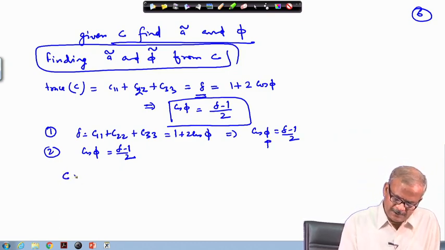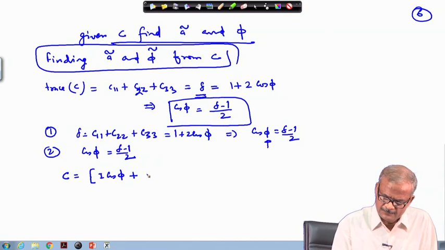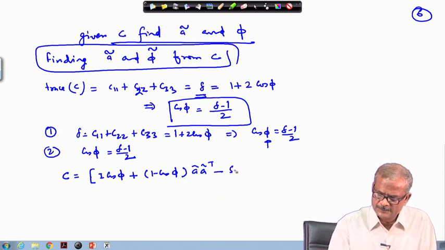So, we have this C matrix, the rotation matrix, which we are writing as I cos phi plus 1 minus cos phi A tilde A tilde transpose minus sin phi A tilde cross.